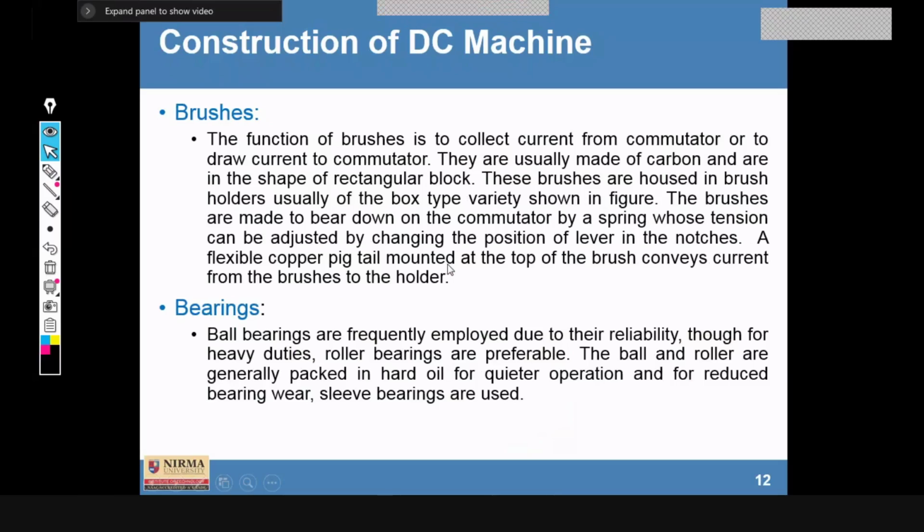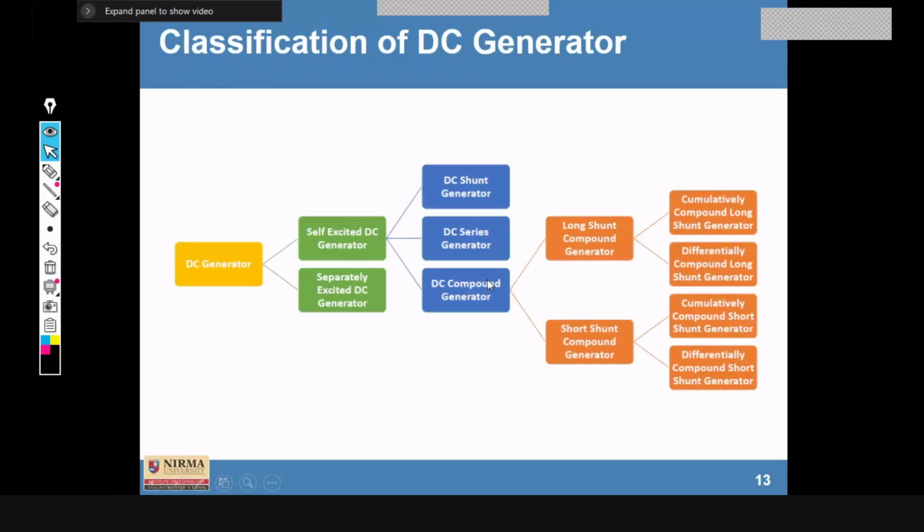Then brushes: the function of brushes is to collect the current from the commutator, and then it is transmitted to the stationary circuit, which is connected to the load. And bearings: the purpose of the bearing is to rest your whole rotor, which is on the axle shaft. So these various parts we have discussed previously.